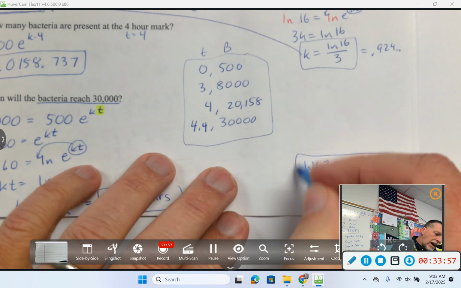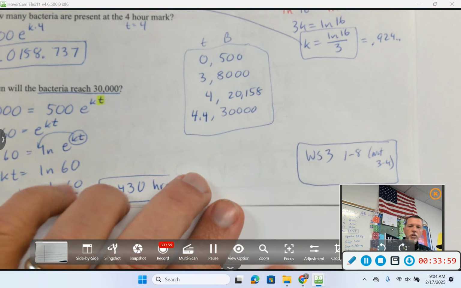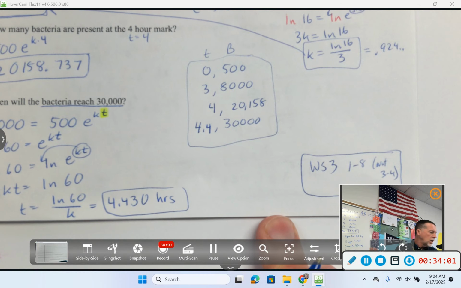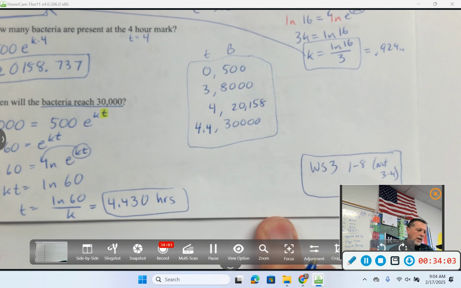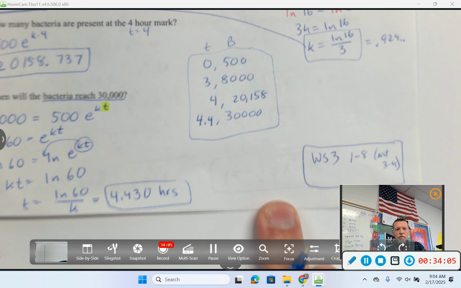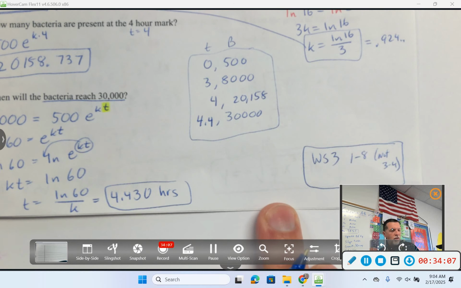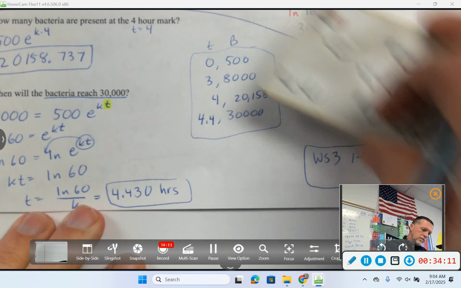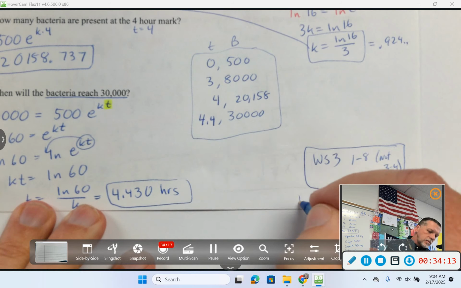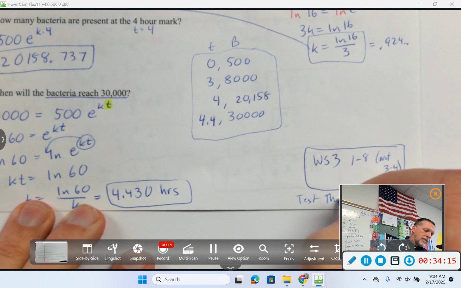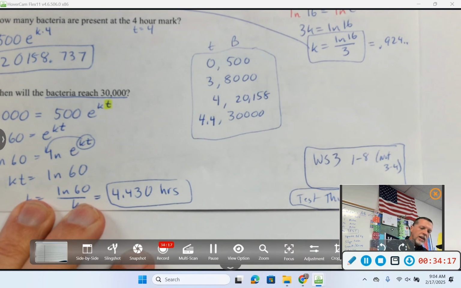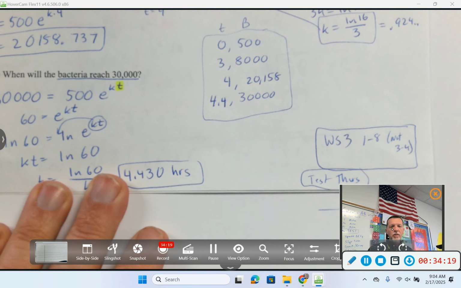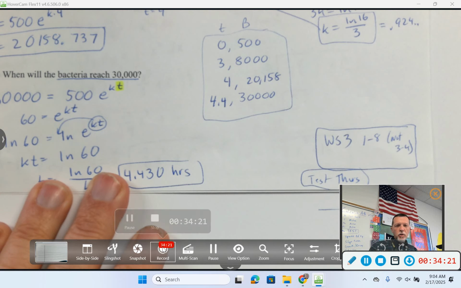So today, I would say try worksheet 3, 1 through 8, but not 3 and 4, because those match up with the last two examples. Again, test is Thursday. Make sure you've got your College Board login stuff.